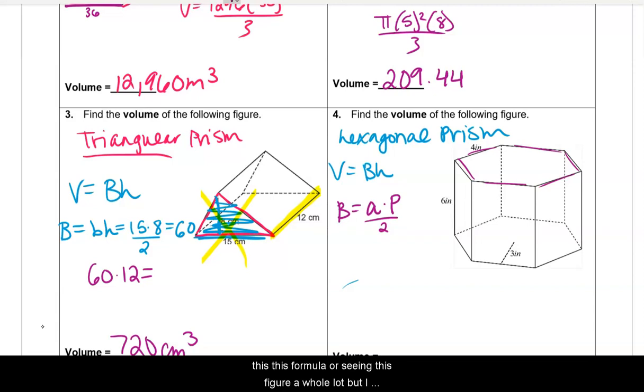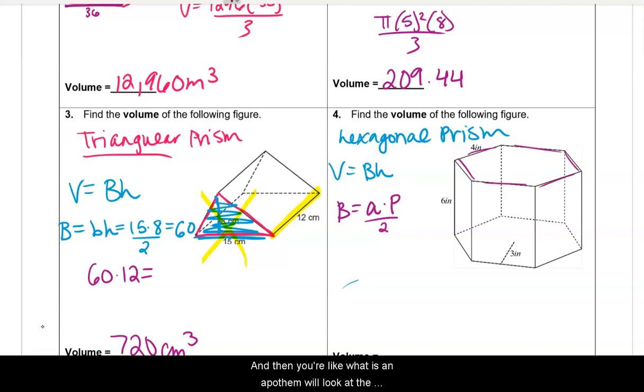I know we haven't used this formula or seen this figure a whole lot, but I swear to you, it is so easy. You're going to be like, oh my gosh, Miss O, I can do that on my own. A lot of you were asking me the other day, what is A? Well, it tells you right on your formula sheet. At the bottom, it says lowercase a is apothem. And then you're like, what is an apothem?